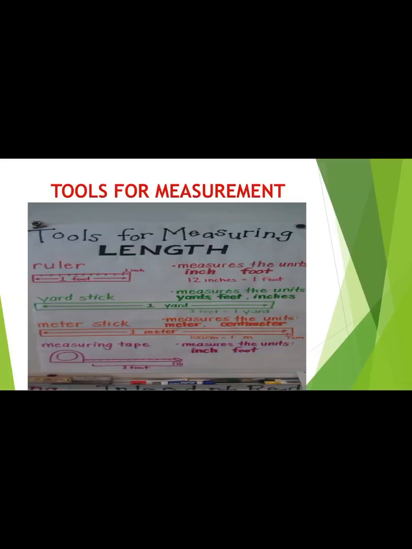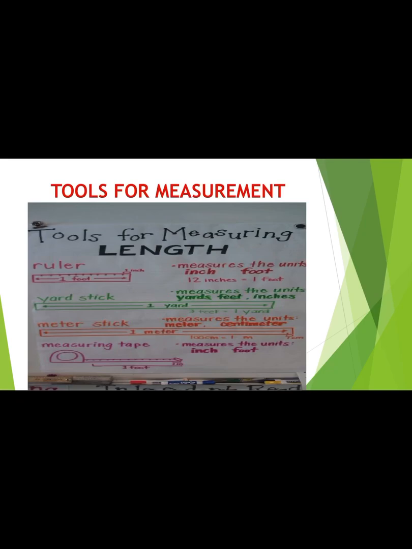Now let me elaborately explain the tools used for measuring length. One is ruler, which measures the units inch, foot. 12 inches is equal to 1 foot. Yardstick measures the units yards, feet, inches. 3 feet is equal to 1 yard.